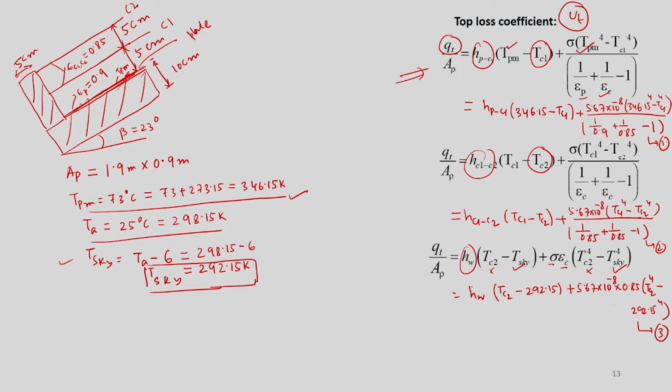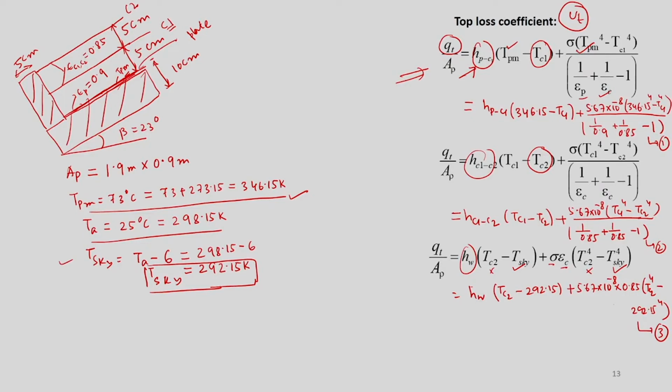Now, our next step is to calculate this heat transfer coefficient. So, we need to use appropriate correlation for calculation of this heat transfer coefficient. Before we do that, we must know the temperature of TC1, but which is not given. We need to assume those values TC1 and TC2.